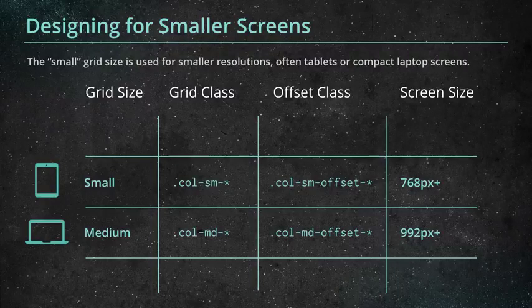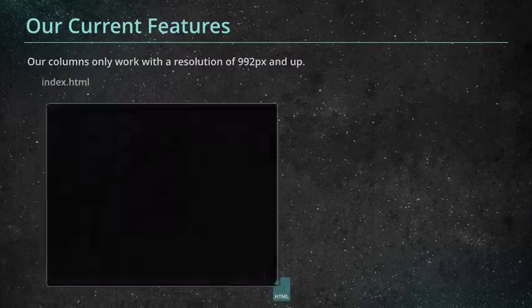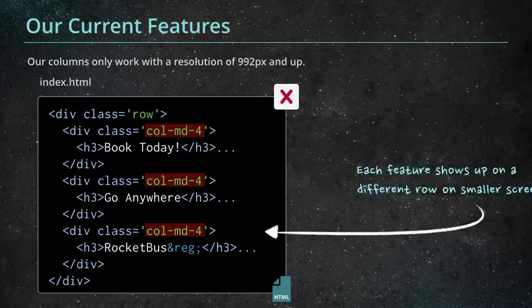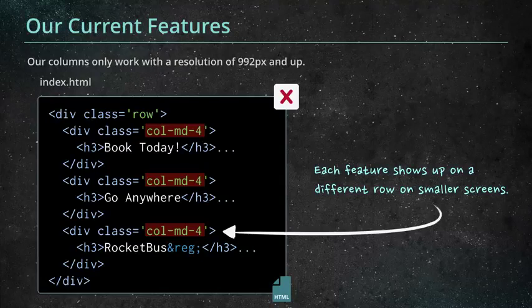Let's see how we can use our grids for small devices. If we take a look at our features so far, you'll see we're using the col-md-4 class. Now, this class is only working for resolutions of 992 pixels and up, so nothing is happening for our small screen sizes. What can we do differently to make this work on tablets?